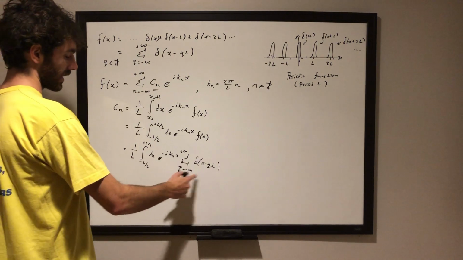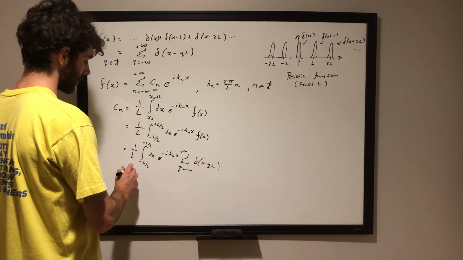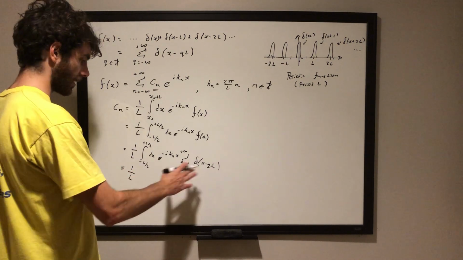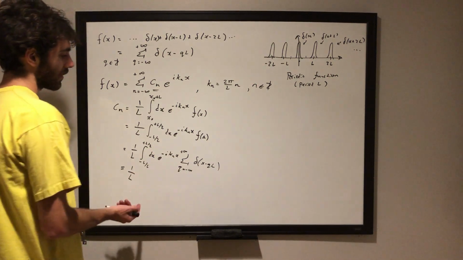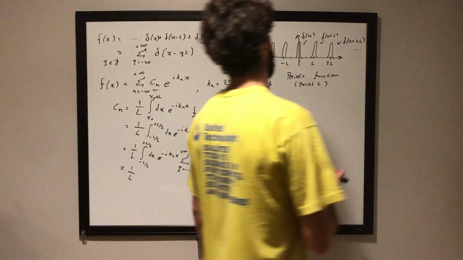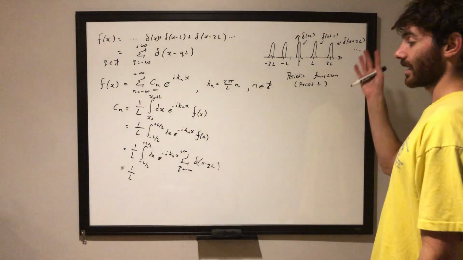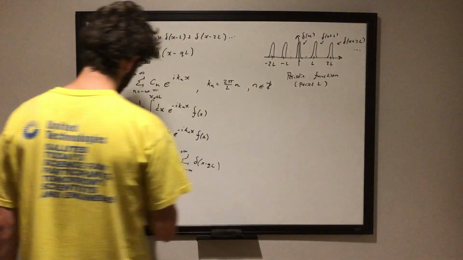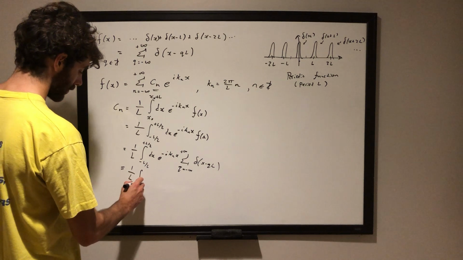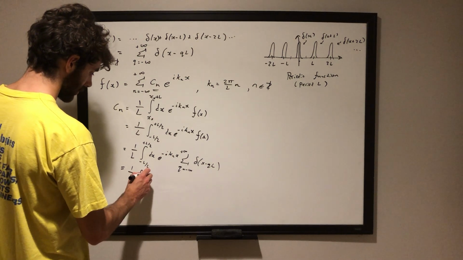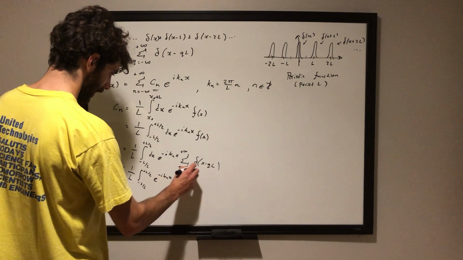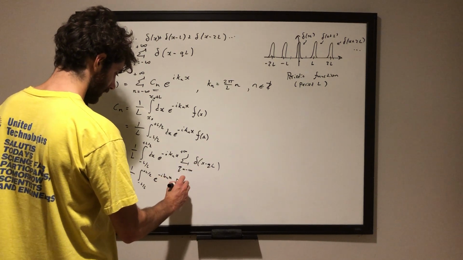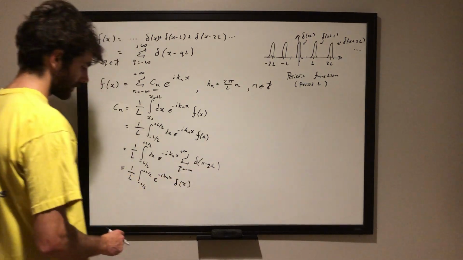So this sum basically collapses to just a single term, and that's not collapsing because of some property of the delta function other than the fact that all of the action is located at a single point. So we have only the single contribution of delta of x.